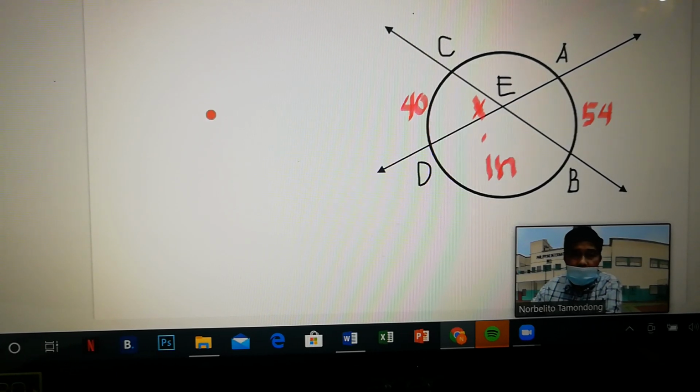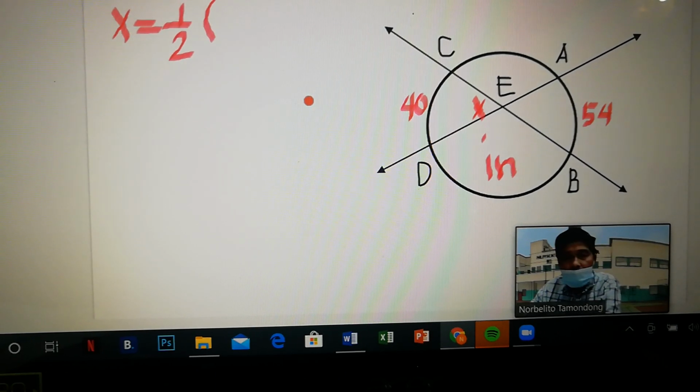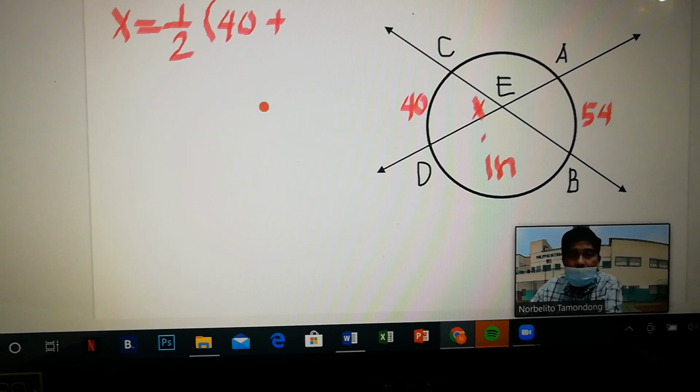Okay, so x is simply equal to 1/2 the measure of its intercepted arc, which is equal to 40, plus the measure of the intercepted arc of its vertical angle, which is equal to 54.